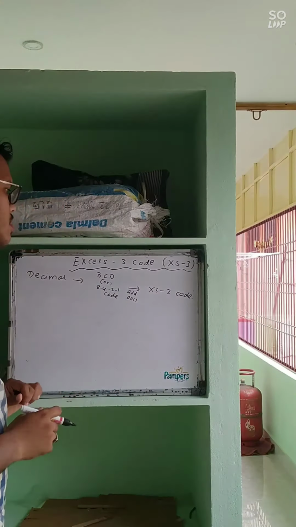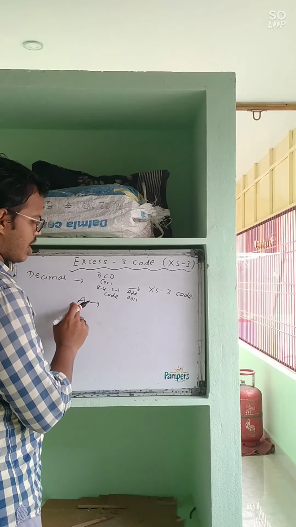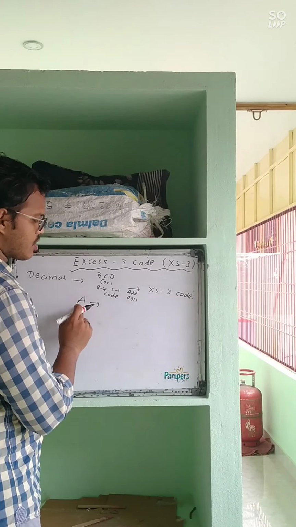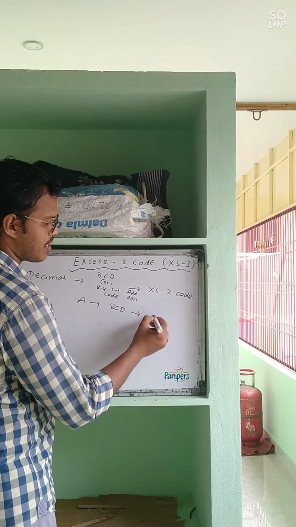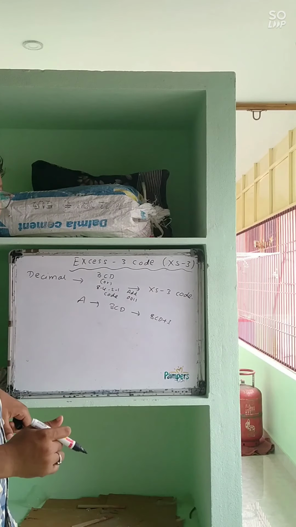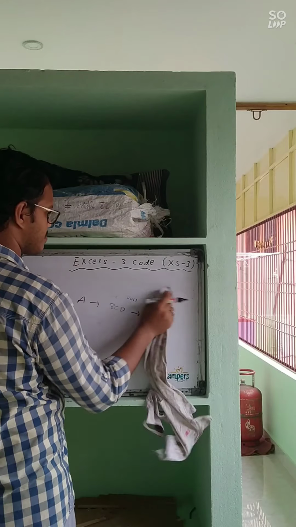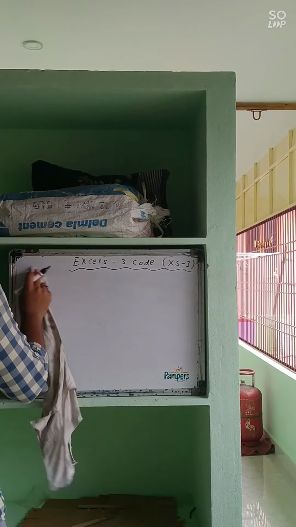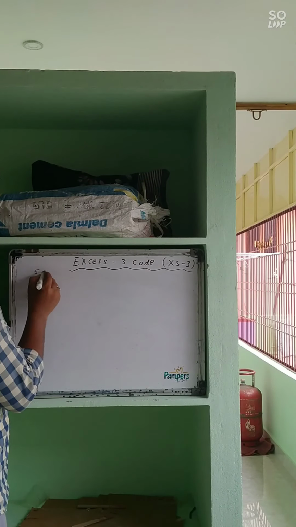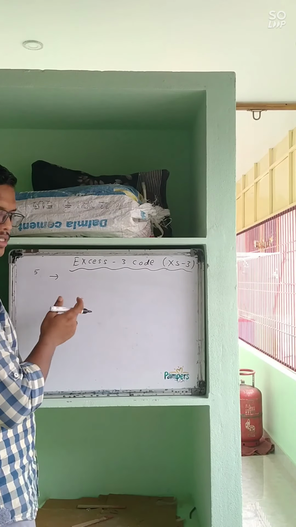Understood that? So if you have a decimal digit A, you have to convert this A to BCD. Then we get BCD plus 3. You have to add like that. So 5 is a decimal digit.